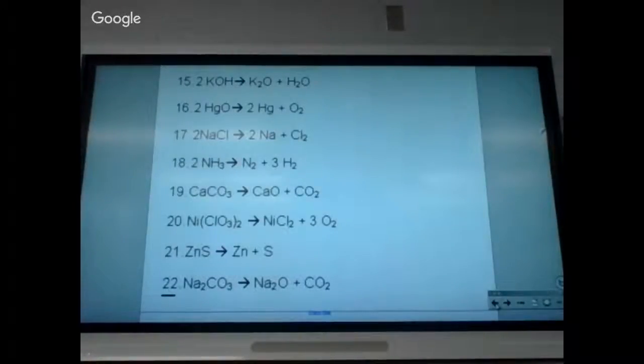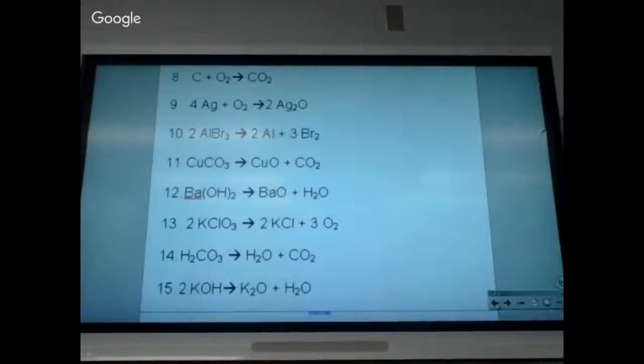KCl O3. What's bothering you about that one? I don't get it right. You did get it right, you're just stalling. I don't know, I really don't think I got it right. Okay. Which one is it you want? Come here. Wait. Yes, I did. I couldn't read my handwriting.